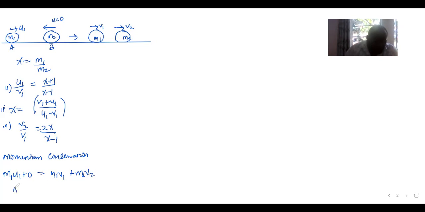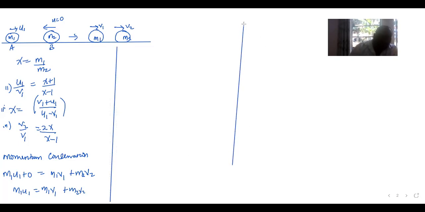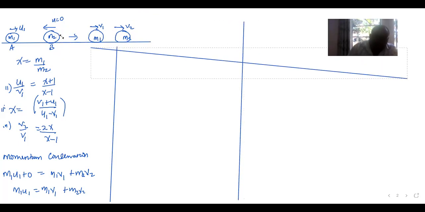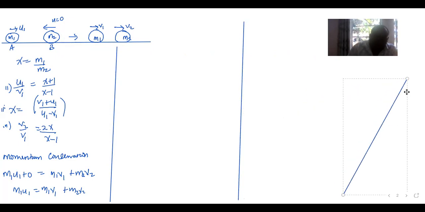From this, you realize that M1 U1 is equal to M1 V1 plus M2 V2. Now, after seeing that, we can have the following.